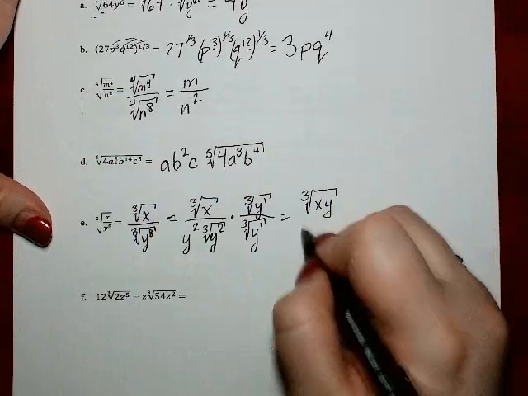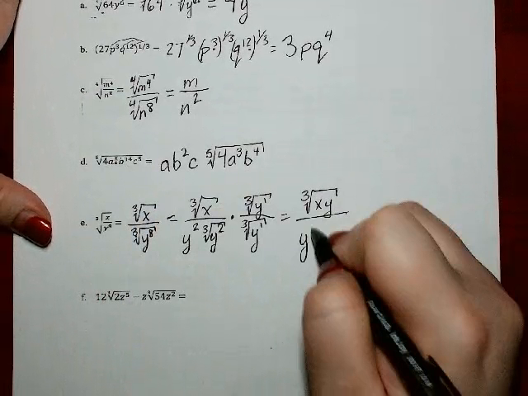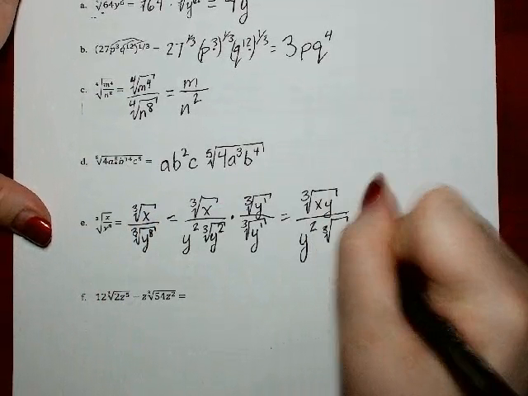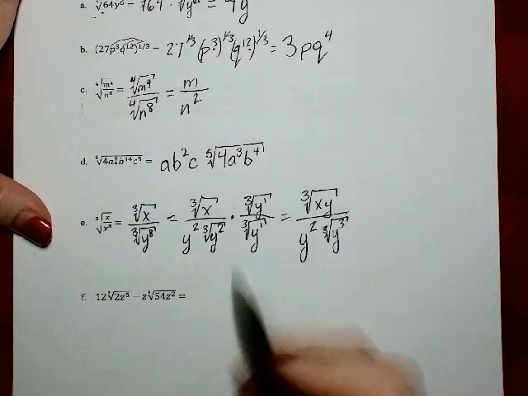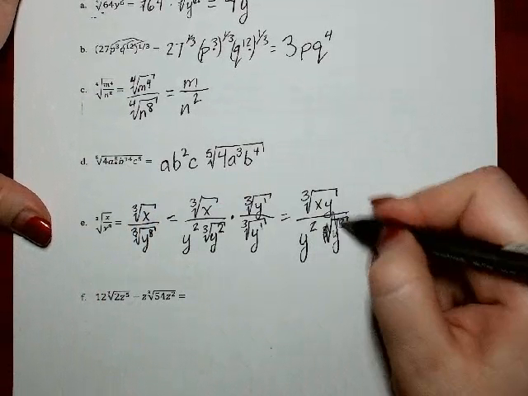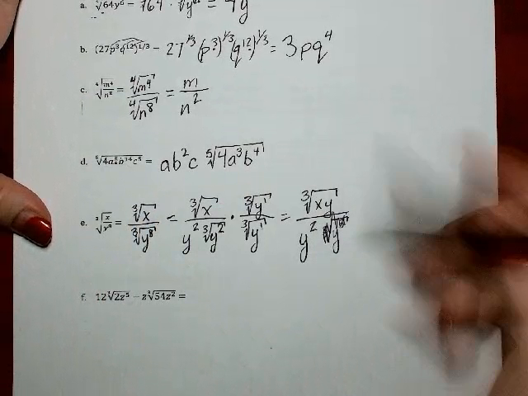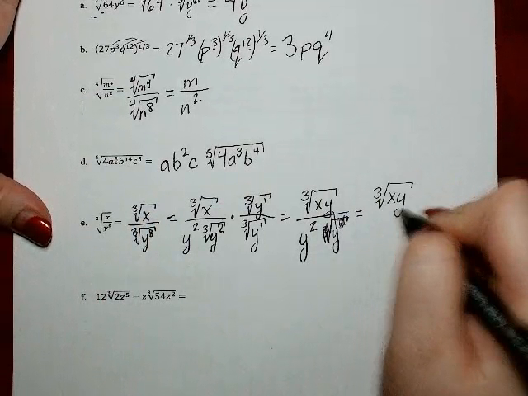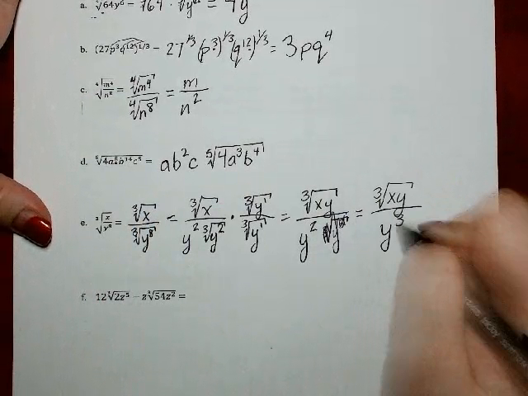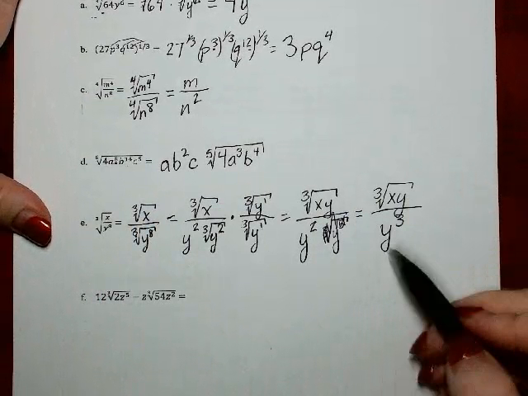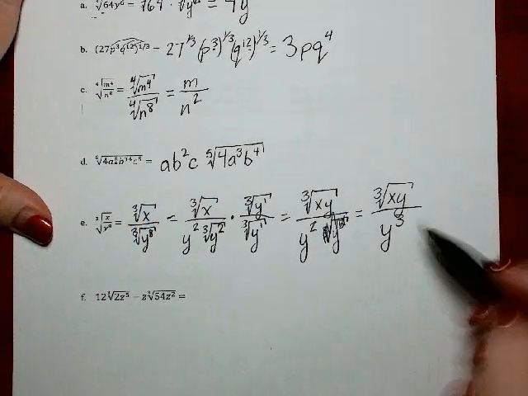And then here I have y squared, and then the cubed root of y to the third, because I add my exponents here. This goes away, so I'm left with y squared times y. So xy over y to the third. This is under a radical, so I cannot cancel out that y. So that right there is my answer.